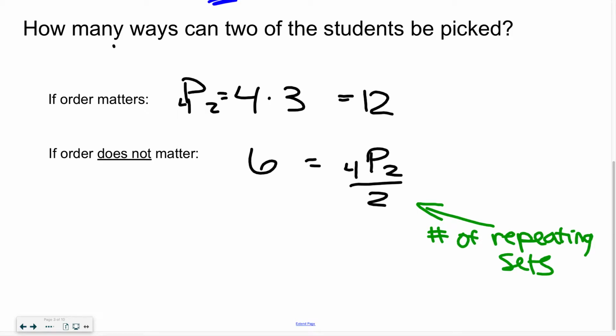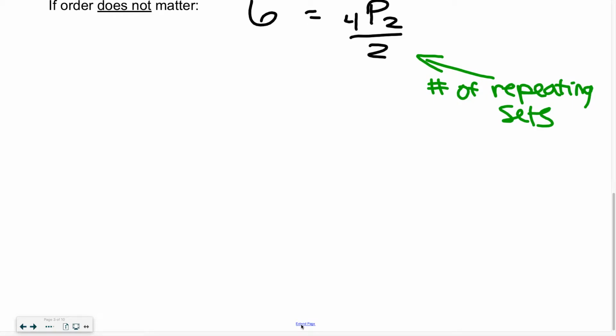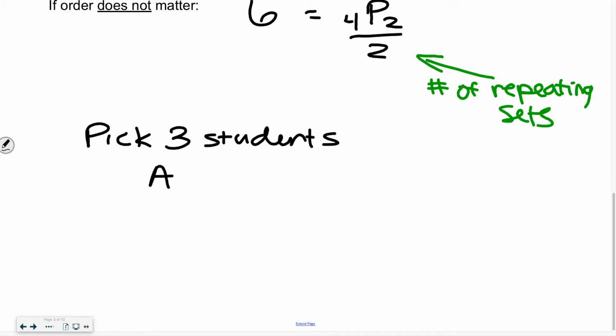But if I pick a different number, let's say I change this example, so now I'm going to pick 3 students of the 4. And let's say I pick Ashlyn, Ben, and Charlie. If those were going to be my 3 MVPs, how many ways could I rearrange those same 3 people?